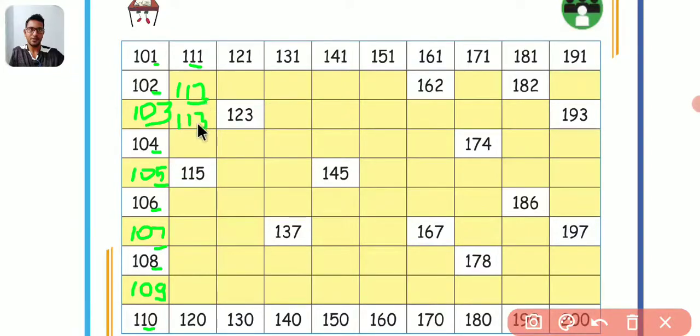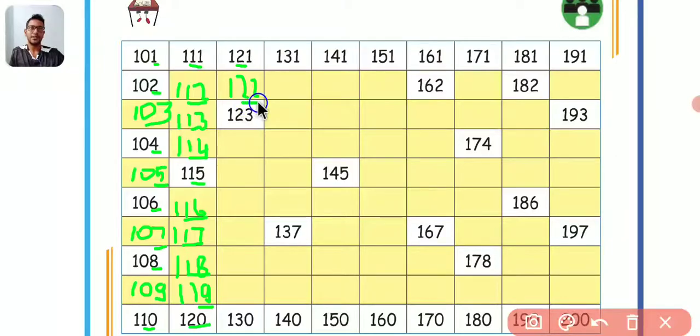113, next number 114, 115, next number 116, next number 117, next number 118, so 18, what is the next number? 19, that is 119. What is the next number to 19? 20, that is 120, 121, then next number 122.